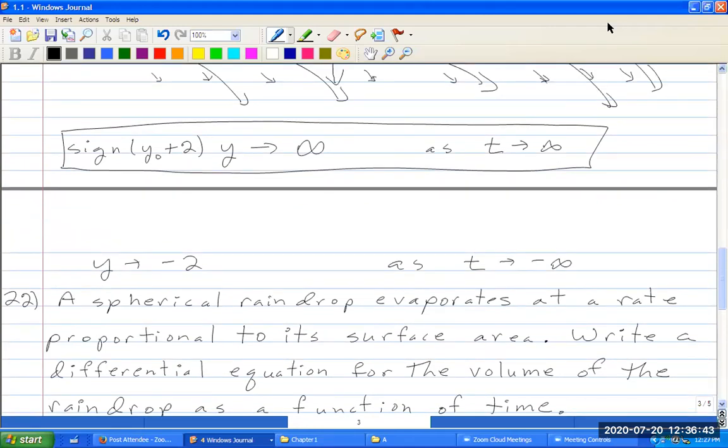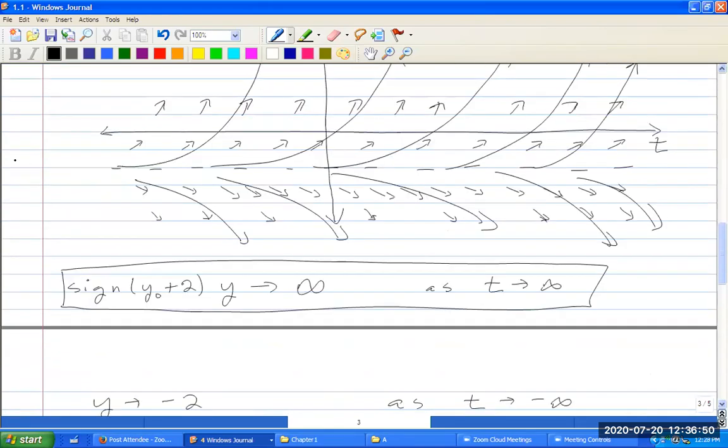So, as I said, if you look in the other direction, if you go backwards in time, then it always goes to -2. So if you trail these backwards in time, notice that they're always approaching -2. And so y approaches -2 as t goes to negative infinity.